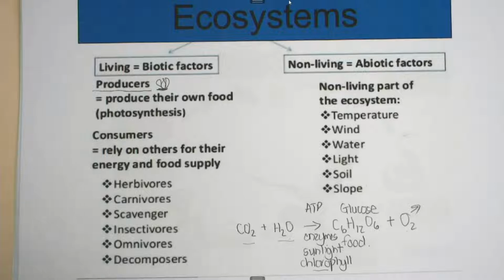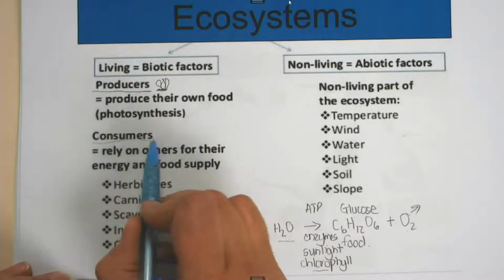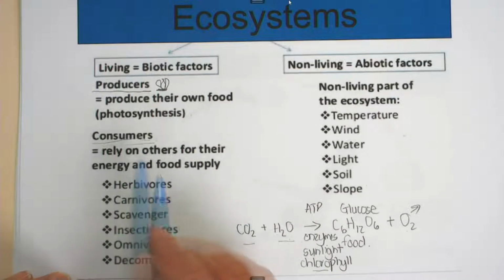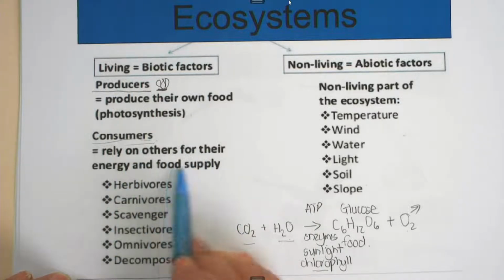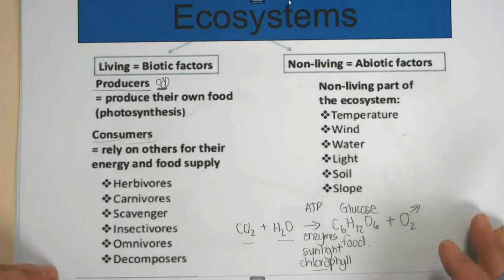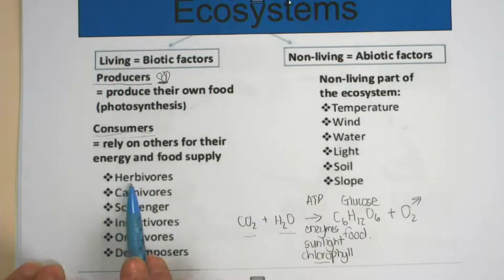Now, the next factor that's going to come into the picture here is the consumers. Consumers consume. They use the food, and they rely on others for their energy and food supply. Okay, to get energy, to get food, to get water, whatever they need to survive. Now here they also talk about different types. The herbivores, you've studied this in primary school already. Herbivores, organisms that eat plants.